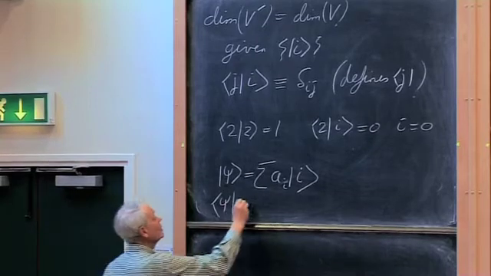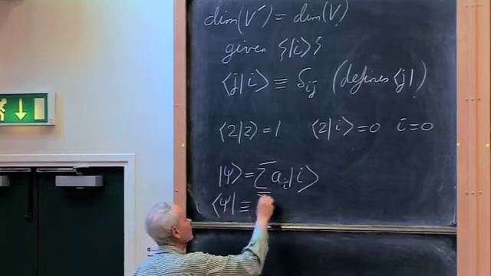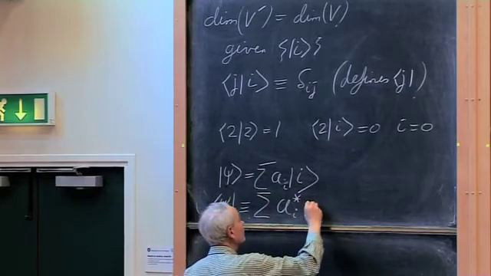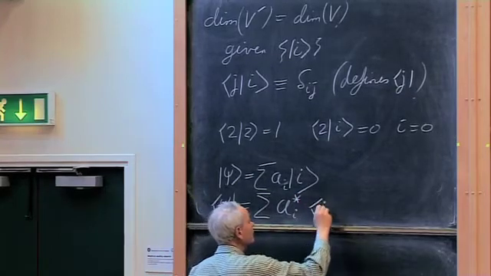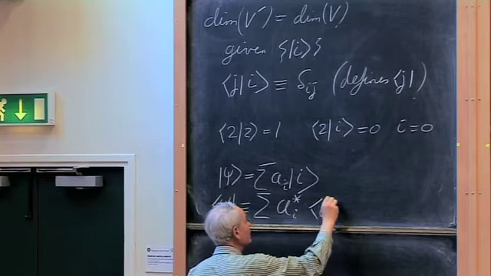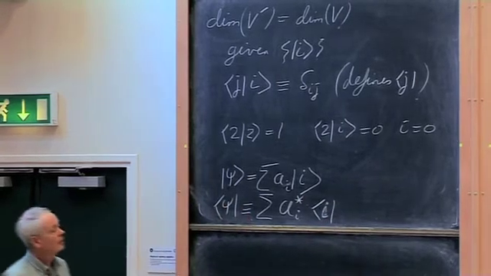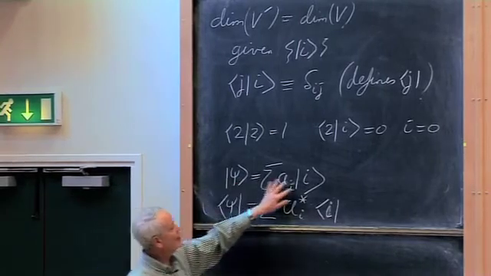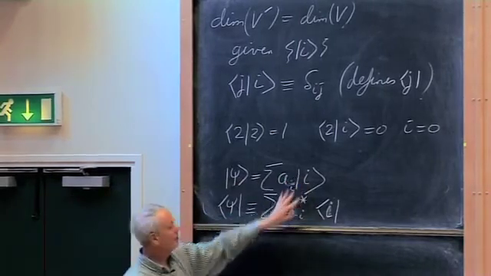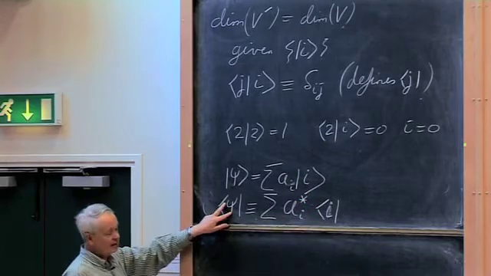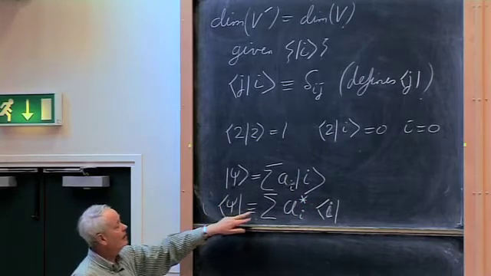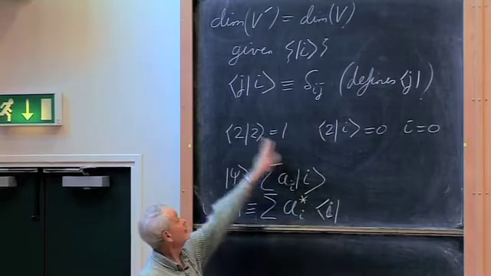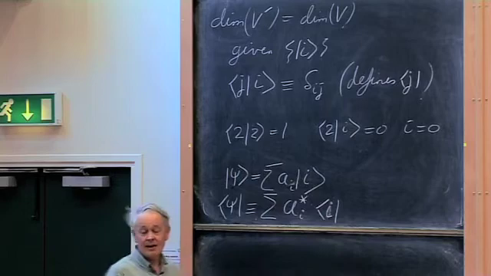And the function in question is defined by this rule: the sum of a_i complex conjugate times the bra <i|. So given that the state of my system is a certain linear combination of the basis states, the function associated with that state is a certain linear combination of the functions which are associated with the basis states.